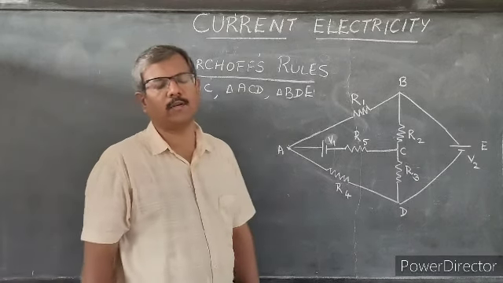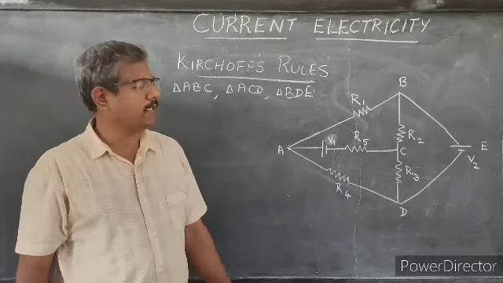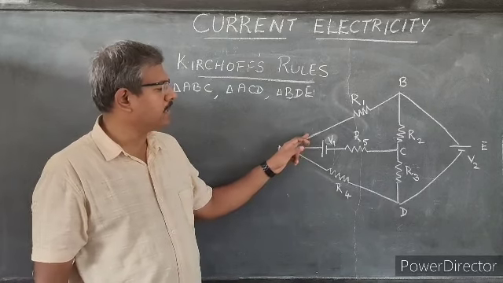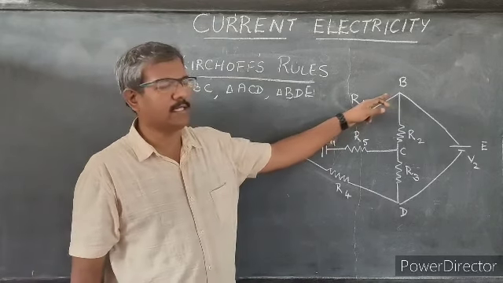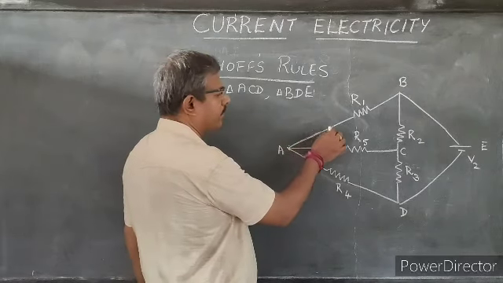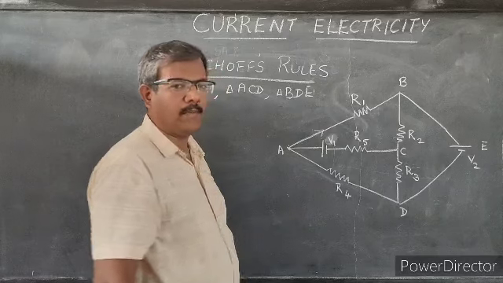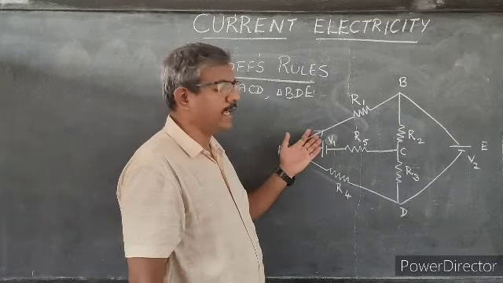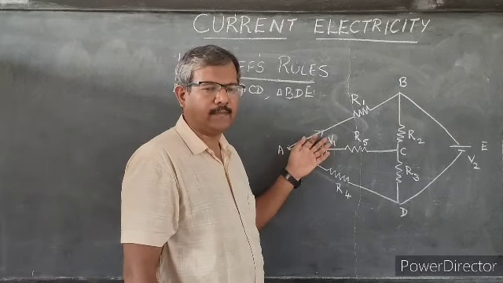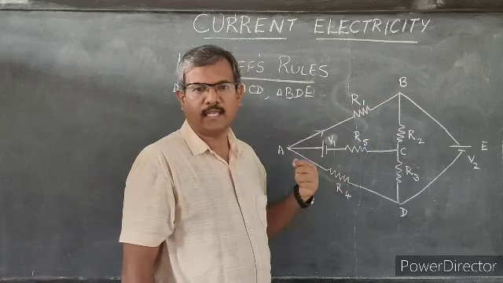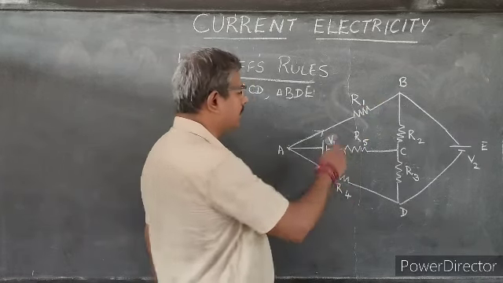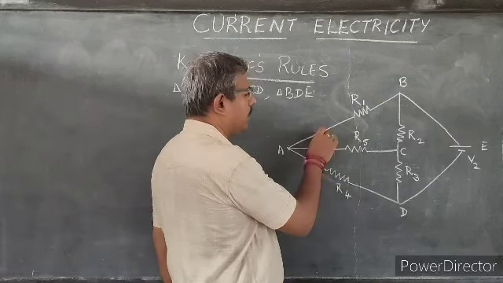One uniqueness about Kirchhoff's law is that suppose I take the direction of current in this particular circuit as flowing in this direction, but eventually let's say I get a negative value for this current. It indicates that my assumption that the current is flowing in this direction is wrong, rather the current is flowing in the opposite direction.